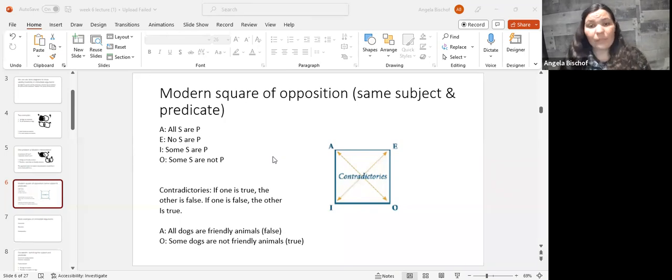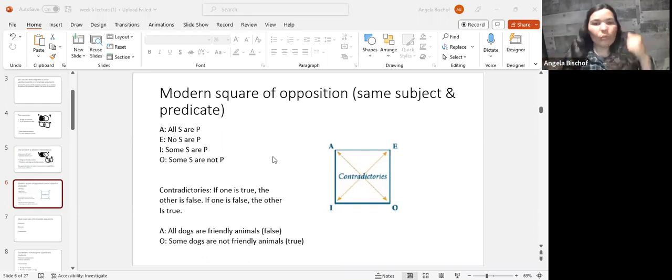Now under the modern square, we can know the truth value of some of our propositions if we know the truth value of some other propositions. And in this case, if we know the truth value of an A, then we can immediately know the truth value of O. If we know the truth value of E, we can immediately know the truth value of I. And the same thing goes the other way.